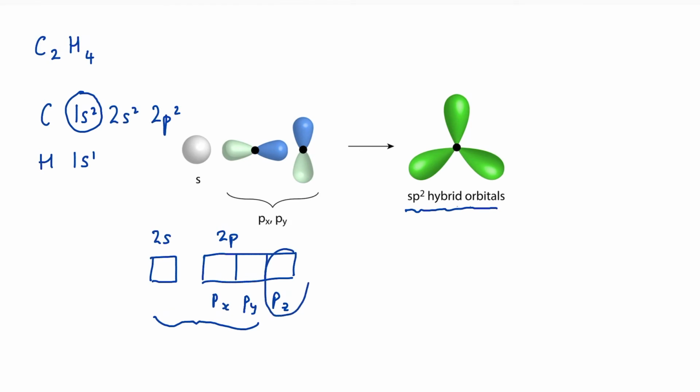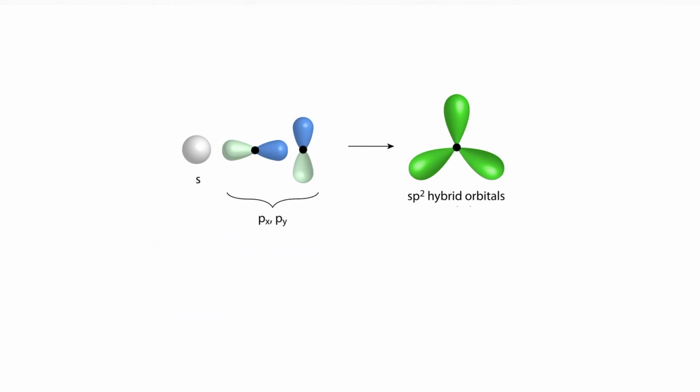Forget about the 2pz for a minute, but we've got 4 electrons in our secondary energy shell in carbon. And so each of the sp2 hybrid orbitals is going to hold 1 electron, and there's going to be 1 electron in the 2pz.